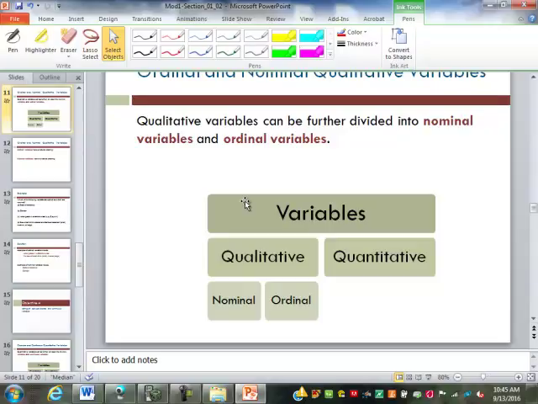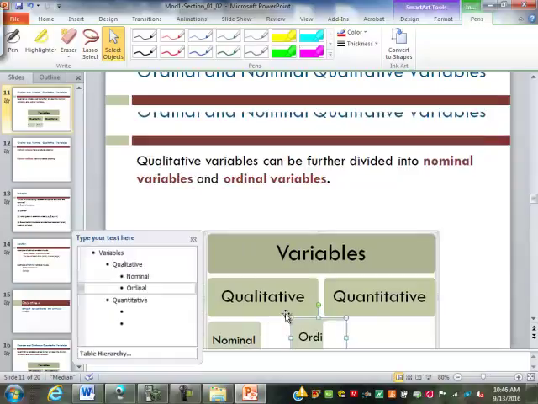Ordinal has some sort of a natural order. If they ask you what size shirt do you wear, you could answer small, medium, large, extra large, so on. So even though your answer to the question is still putting you into a category, you can rearrange those categories in order. I mean, large is bigger than medium, and medium is bigger than small, and extra large is bigger than large. So they can be put in order. So they would be ordinal.